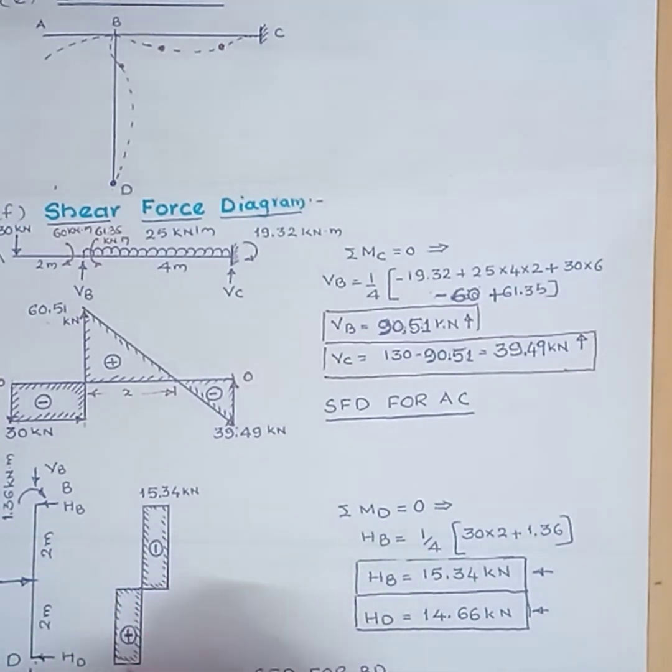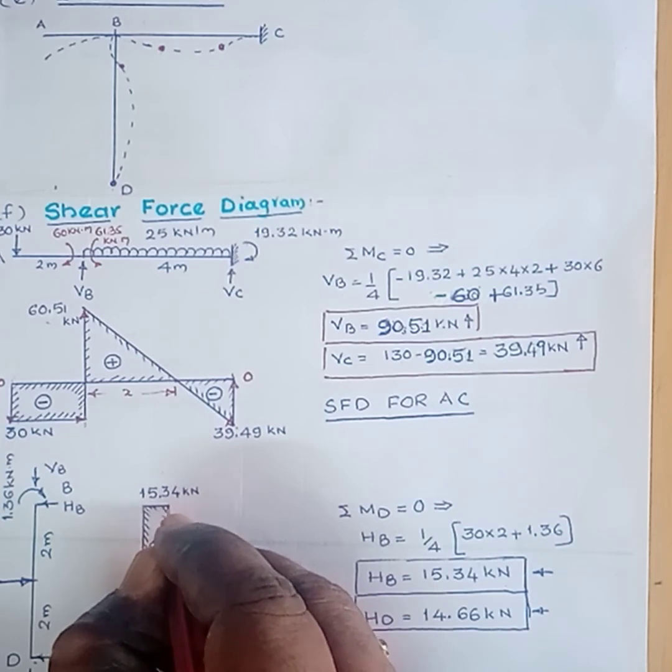Here the shear force value changes from 0 to 14.66. It remains constant up to the point of application of the 30 kilonewton load. Then there is a point load, and the variation of the shear force is like this.